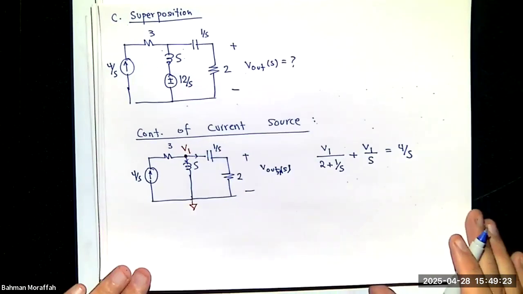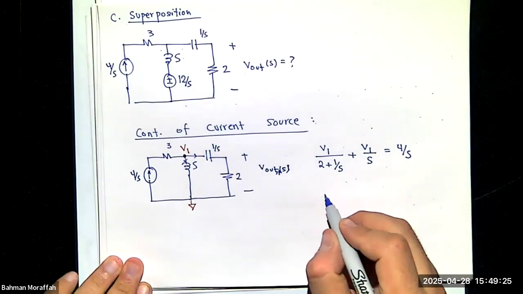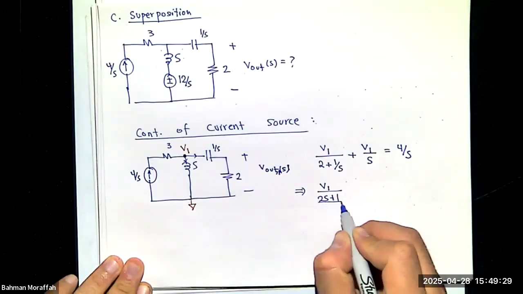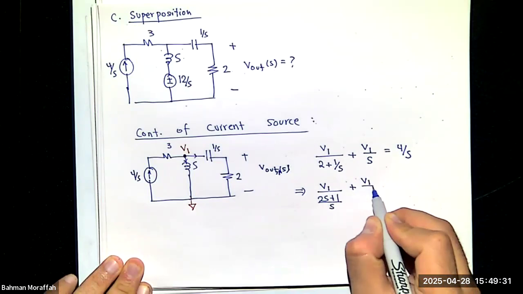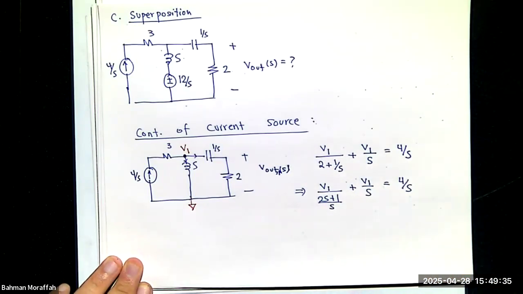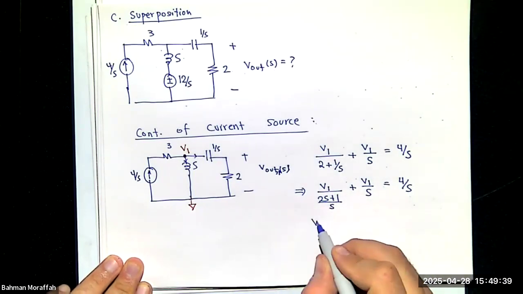So let's simplify that a little bit. I have V1 over 2S plus 1 divided by S, plus V1 over S, equal 4 over S. I can factor out this V1.